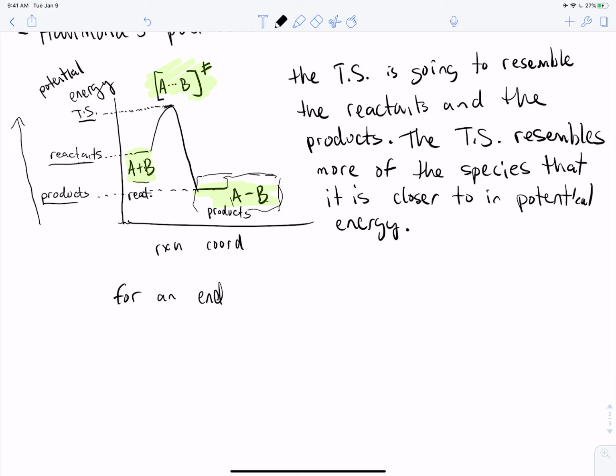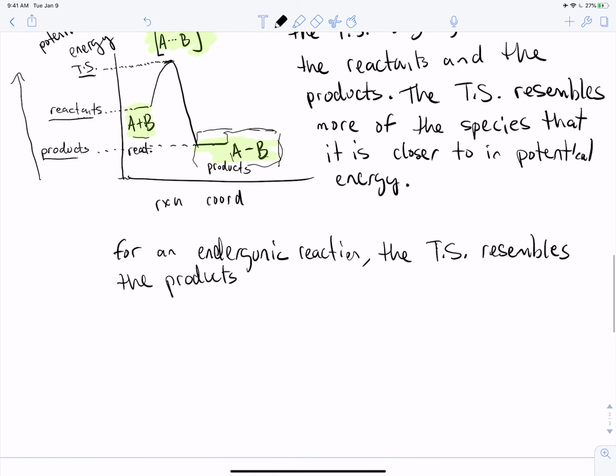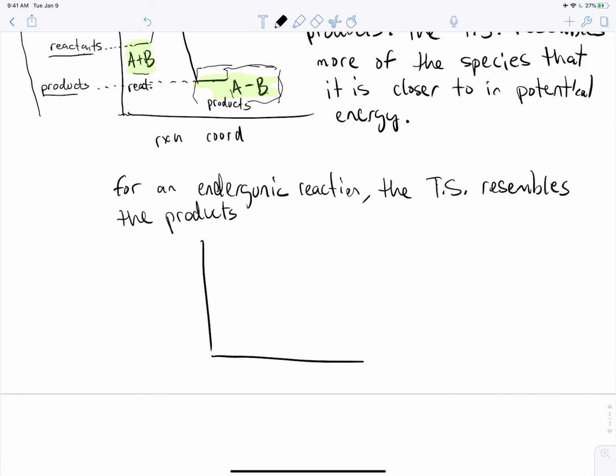For an endergonic reaction, the transition state resembles the products. And so remember, that's a reaction energy diagram where things look like this.